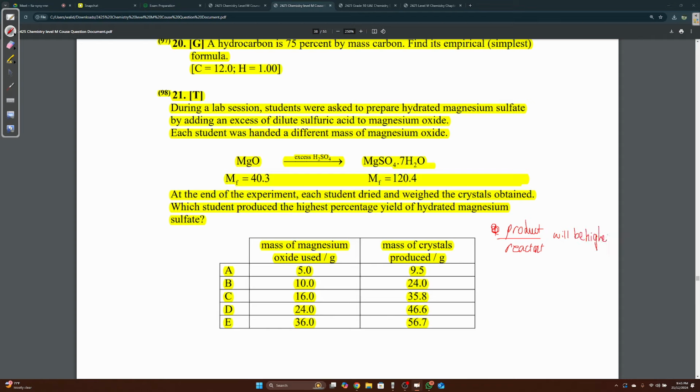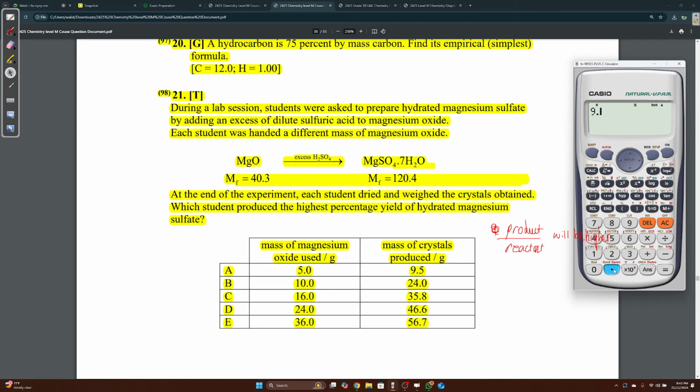Let's see. Over here, 9.5 over 5, we're going to divide product by reactant. 9.5 divided by 5 is 1.9. I'm just going to write them all here. 1.9. Then 24 divided by 10 is obviously 2.4. You don't need a calculator for that. 35.8 divided by 16 is 2.2375.